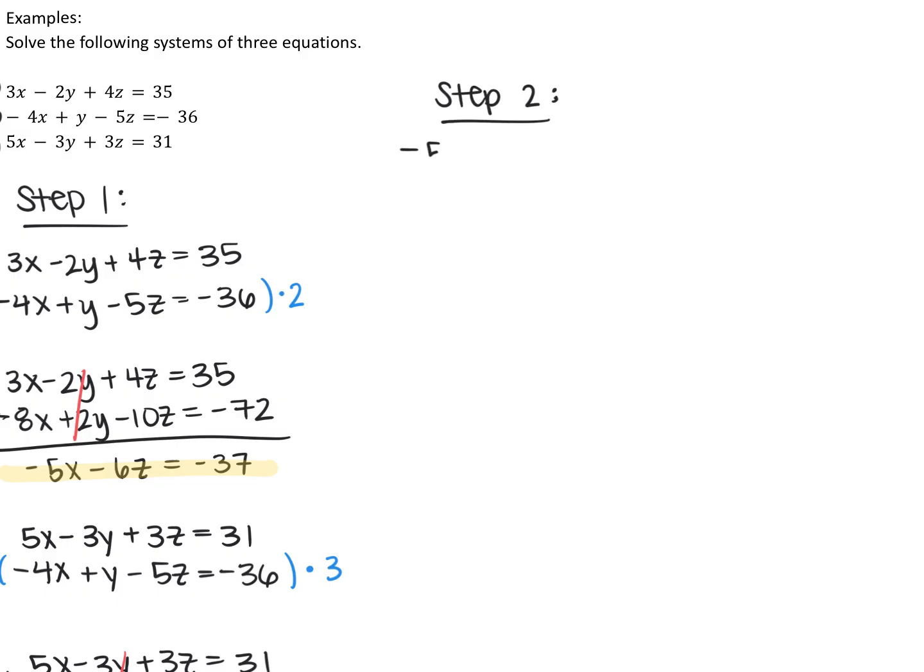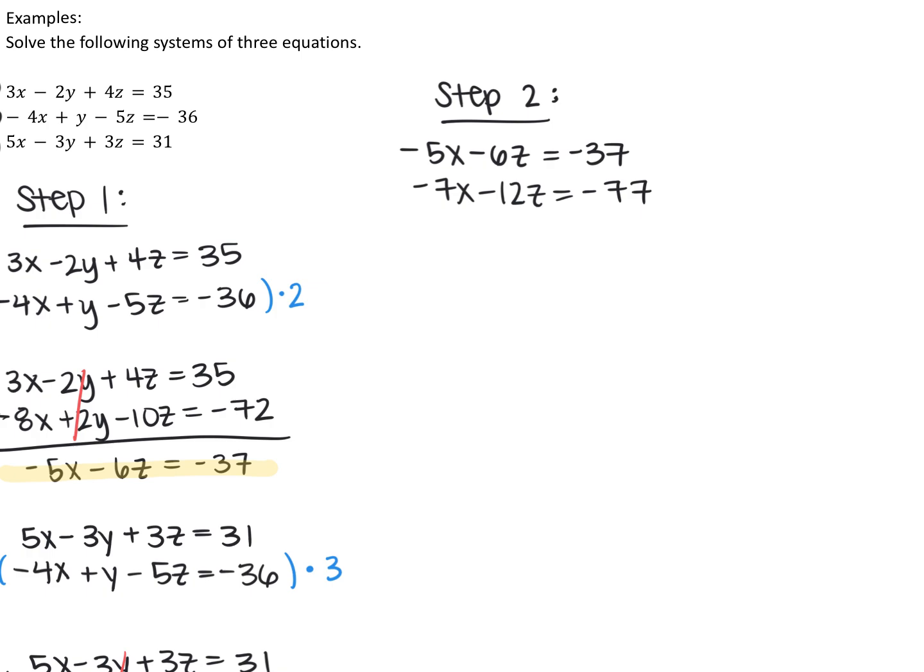So we have negative 5x minus 6z equals negative 37, and negative 7x minus 12z equals negative 77. Now, unlike step 1 where there's typically going to be an easier variable to eliminate, when we get to step 2, it's not going to be as nice as the systems of equations we've been seeing.